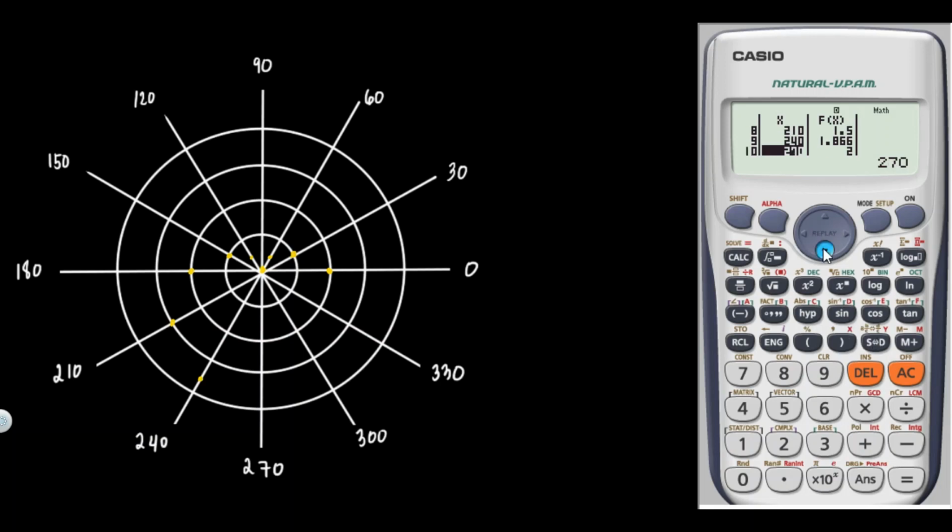And 270 is 2. Then 300 is 1.866, directly opposite the other one. 330 is 1.5. And 360 degrees, or 0, is 1. There.